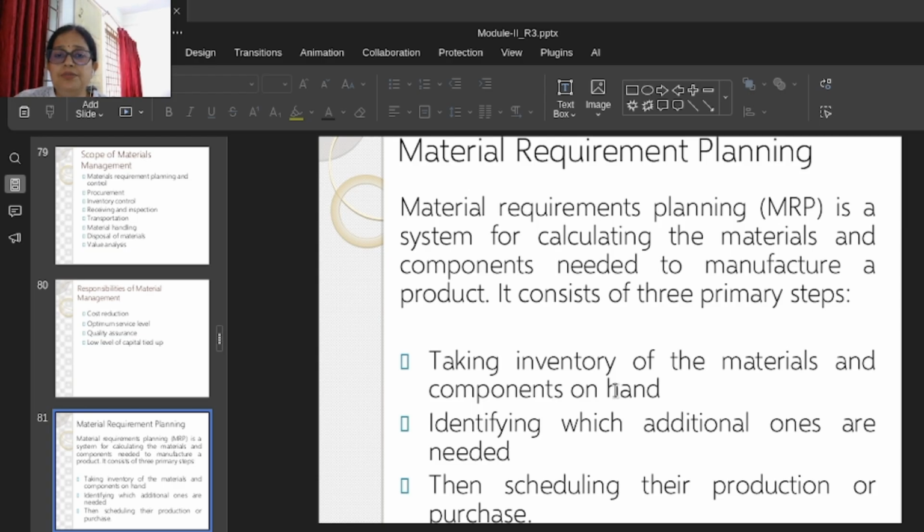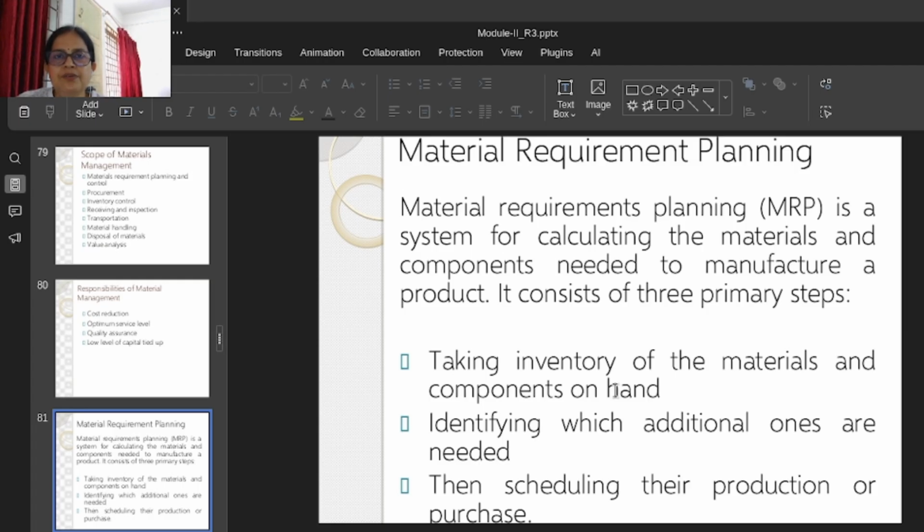If we have the materials in hand, first we need to analyze what materials, parts or components we have in our store or inventory, and what extra or additional amount of materials we need to purchase.